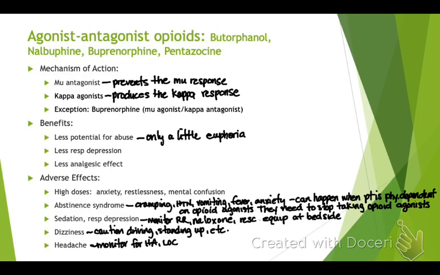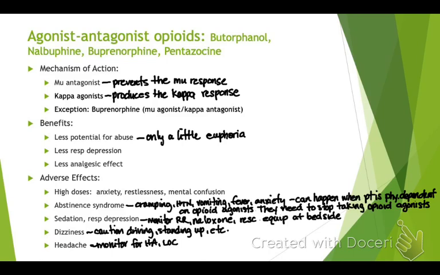The mechanism of action for this class of opioids is going to include mu antagonist. The mu antagonist, of course, will prevent the mu response, and kappa agonist will produce the kappa response.